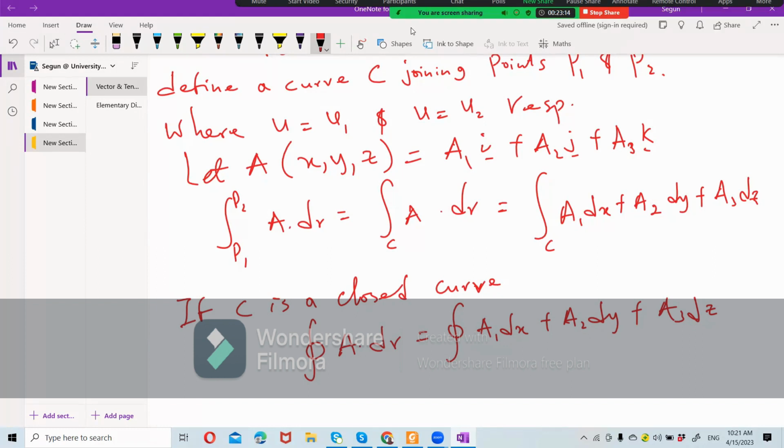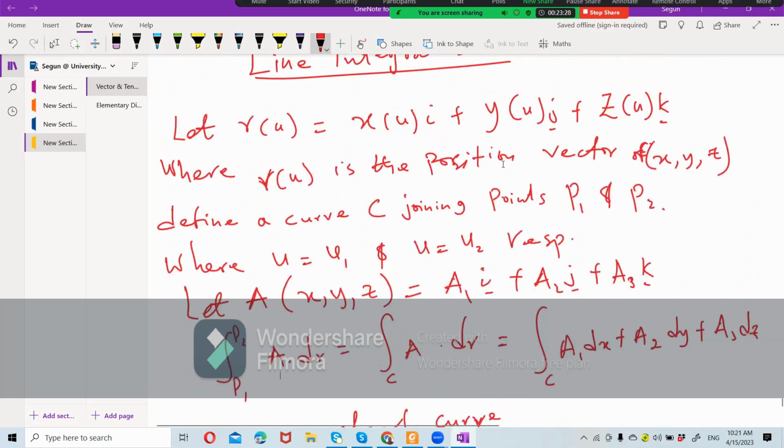Because you already said A dot dr, and you know the R is the x. Look at the R, you already declared your R here. R is x of u i plus y of u j plus z of u k.